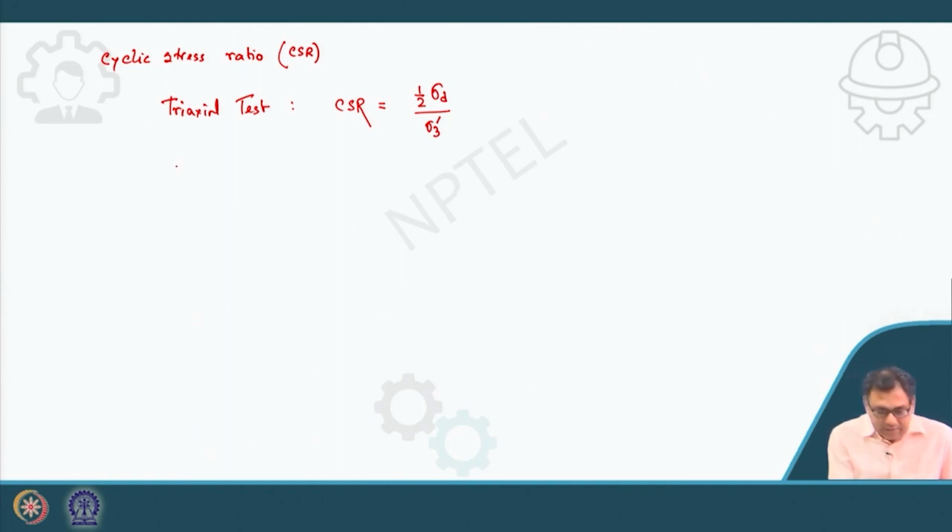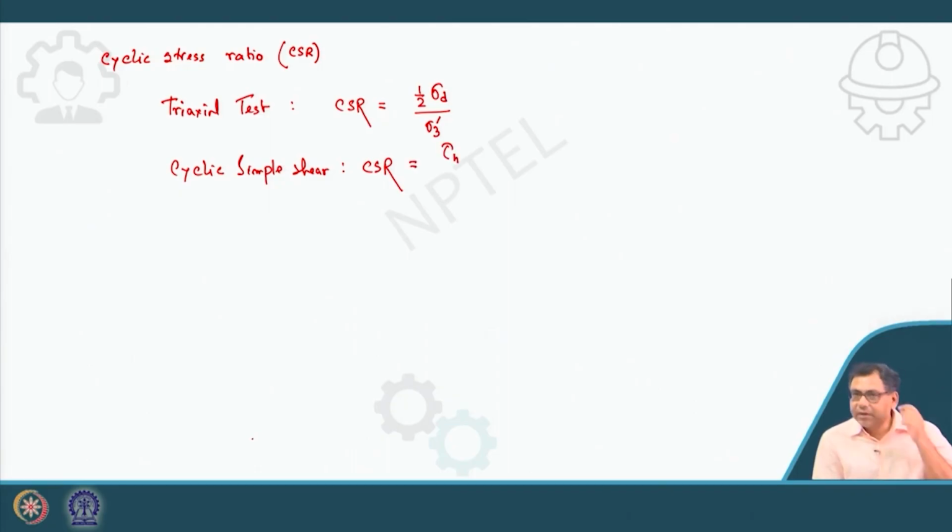Now for cyclic simple shear, CSR is written as tau h, or sometimes written as tau cyclic also. That is tau h divided by sigma v dash, because that is the stress during the consolidation.